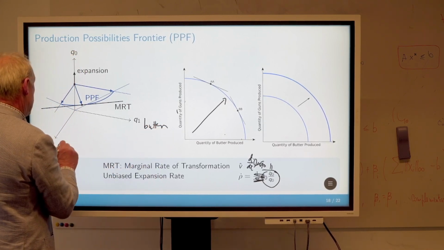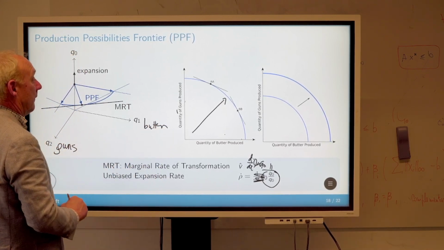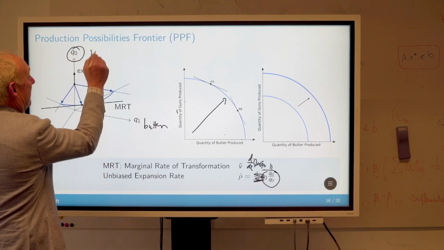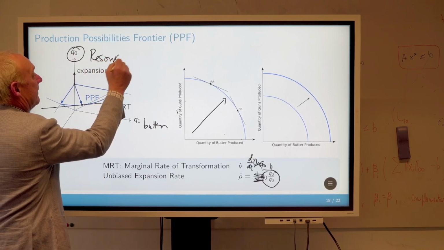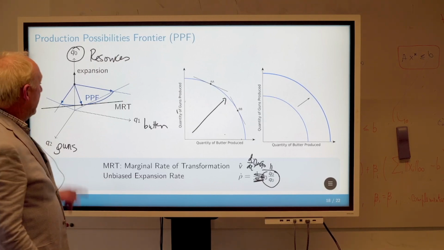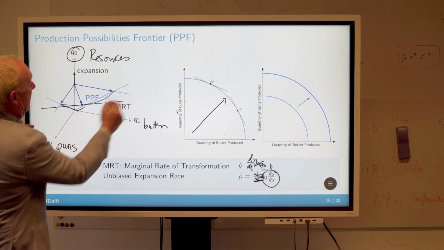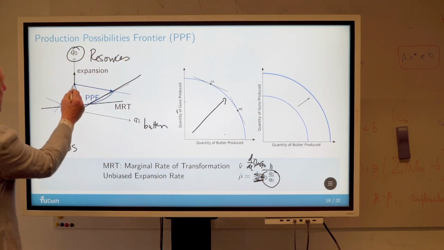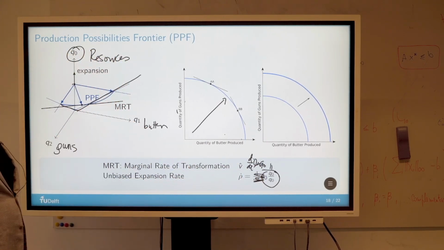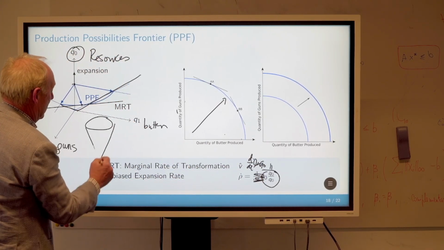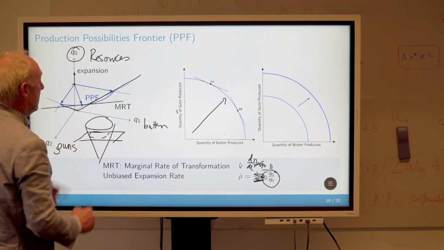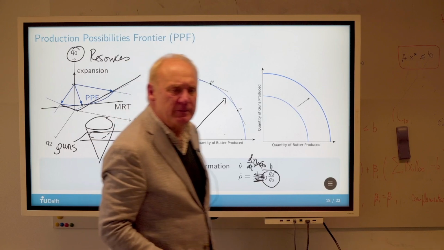Here are the guns. And then this is the resources that are available to society. Then you can imagine that you have this kind of cone. You fix the resources, and you slice the cone like this. All right, you can get your proton, okay?